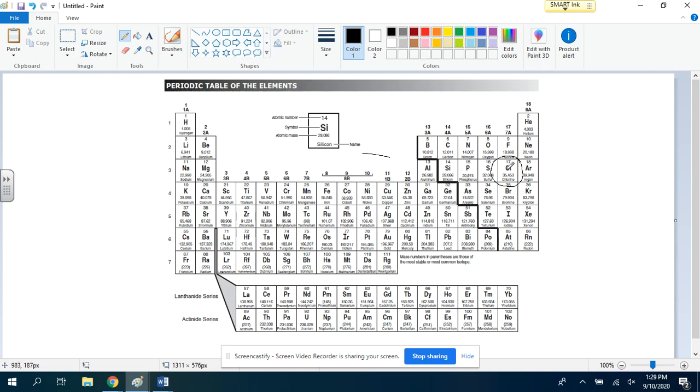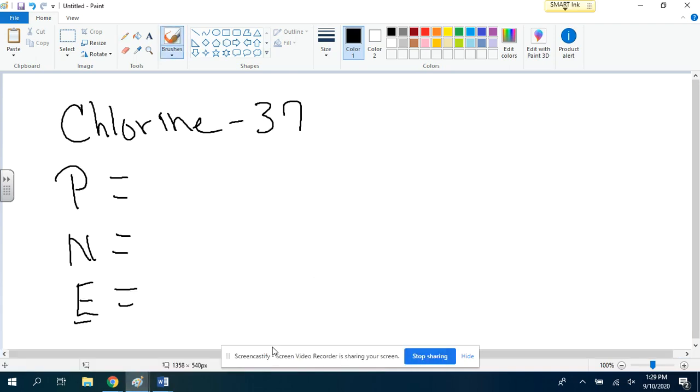So chlorine has 17 protons because the atomic number is 17. Because right now all we're dealing with is neutral atoms, the electrons must also be 17, because it's neutral. Remember, they have to be equal in order to have a neutral charge.